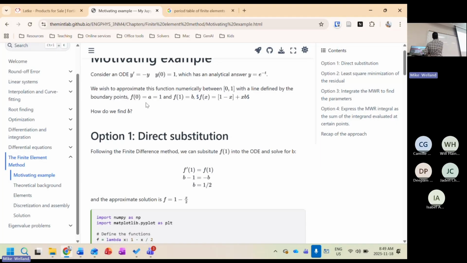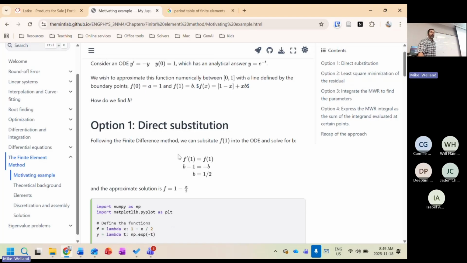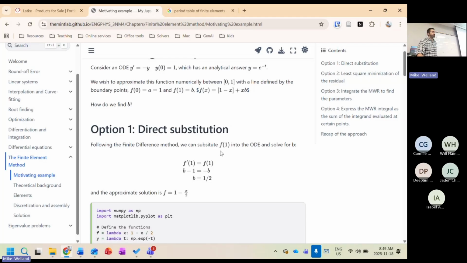Okay, we're going to start off with 1, and this is A, I don't know why I said A is equal to 1. It's 1. Okay, one option is to just throw the equation of a line into that differential equation, right?